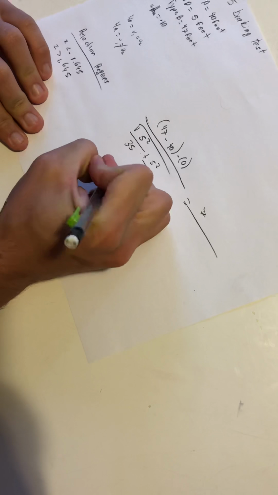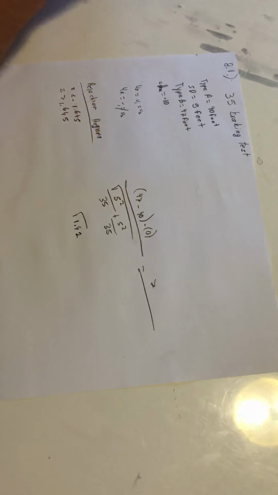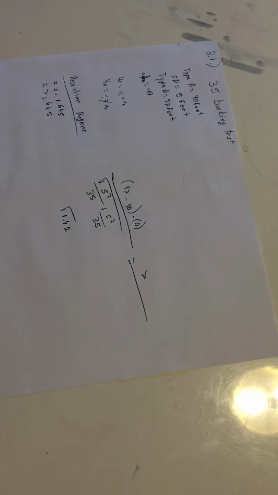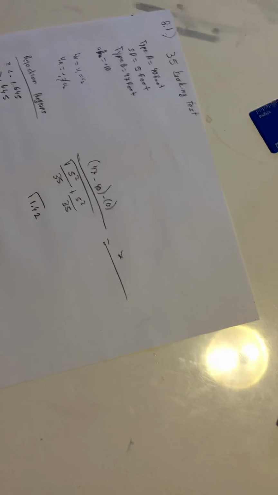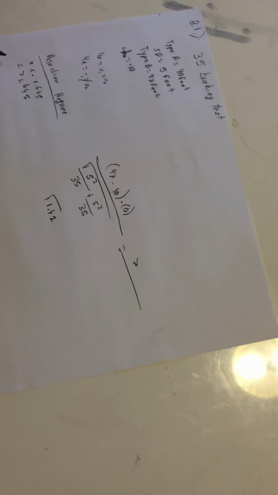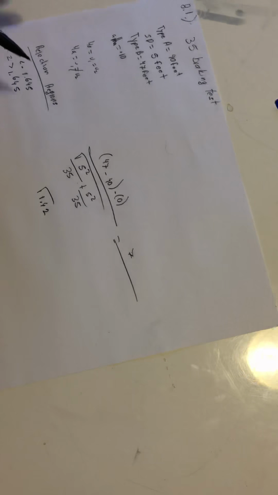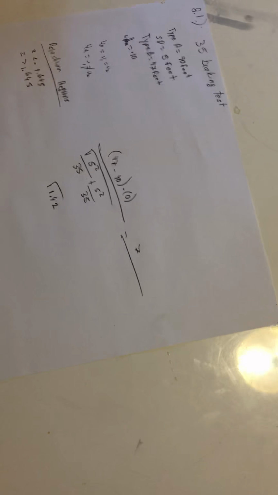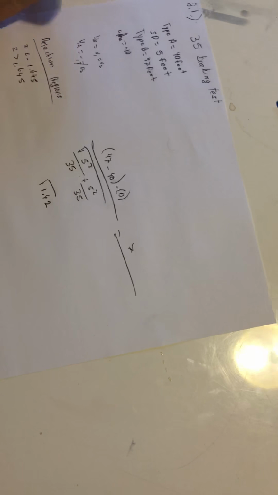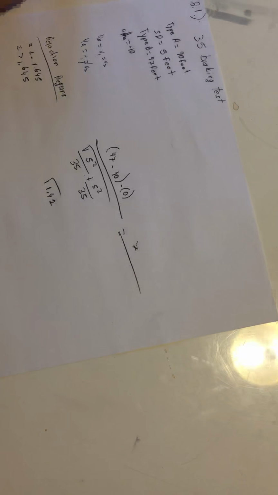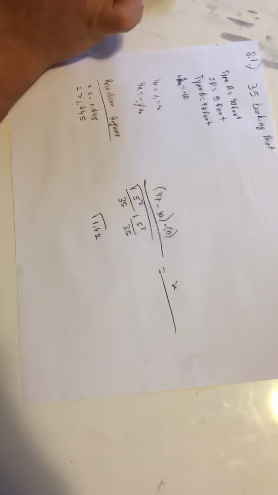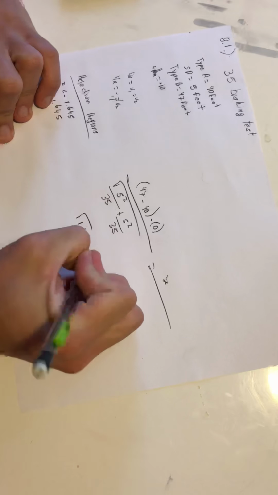So we get the square root of 1.42, and the square root of 1.42 is 1.19.